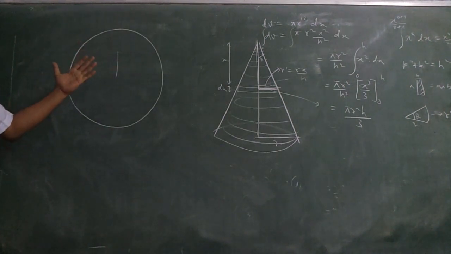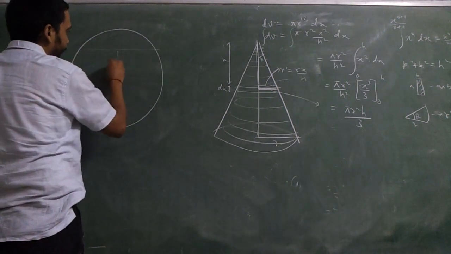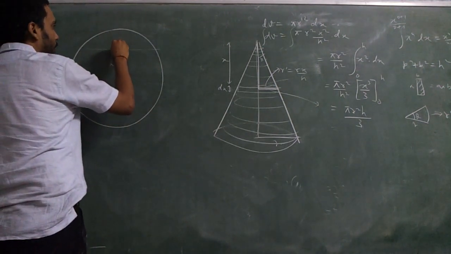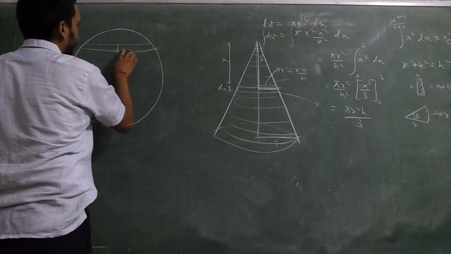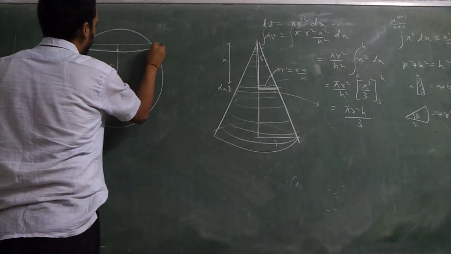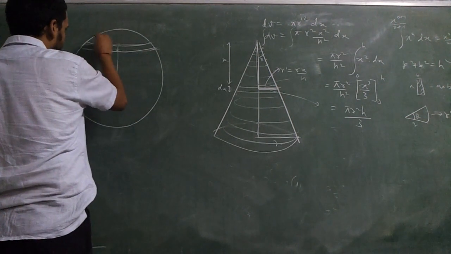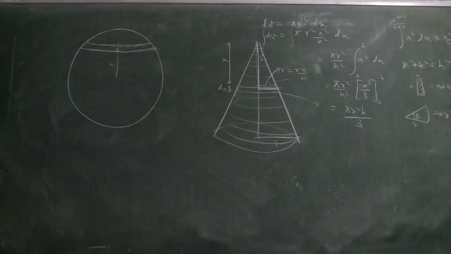This height he has taken as x, and then he is going dx more up. So he gets this ring, which has a thickness of dx at the center.